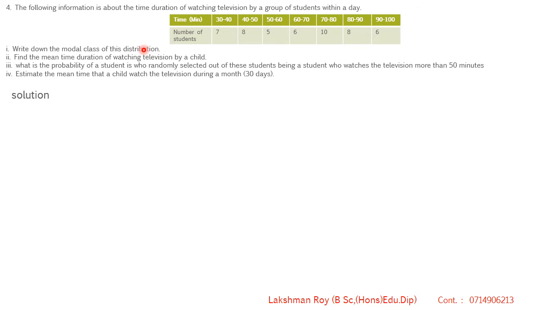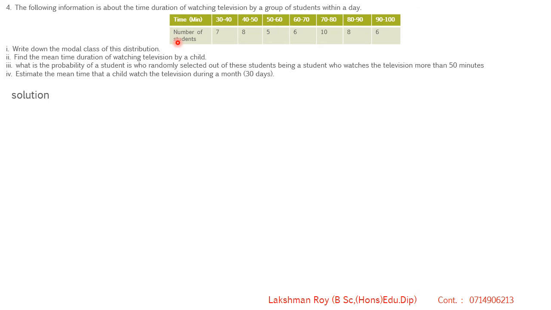So students, the data is given in grouped form, right? Data is separated into class intervals. So how to find the modal class? Modal class means the class interval corresponding to the highest frequency.